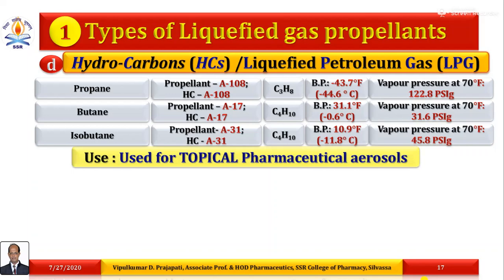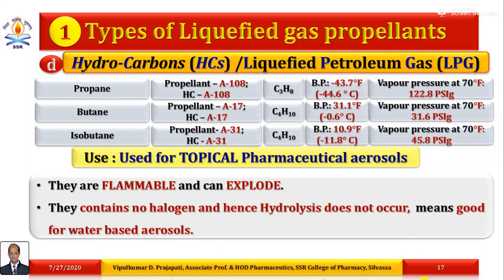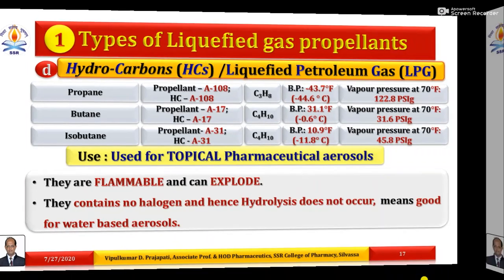They are used for topical pharmaceutical aerosol formulations. They are flammable and can explode. They contain no halogen and hence hydrolysis does not occur, meaning they are good for water-based aerosol formulations.